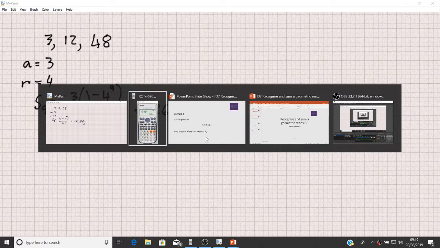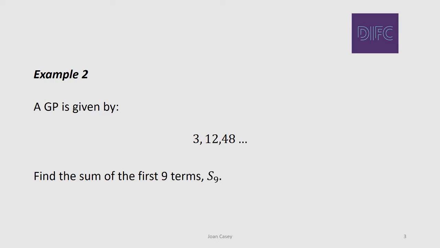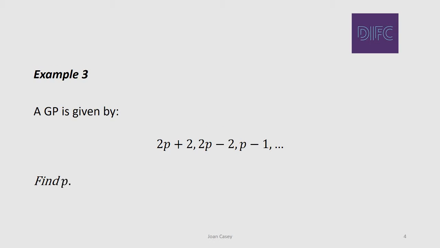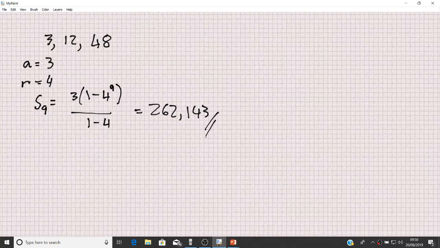Okay, move on to our last example in this video, and our third example is example 3. A GP is given by 2p plus 2, 2p minus 2, p minus 1. We need to find p. So I'll take a look at this one, and we'll note each of the terms first.